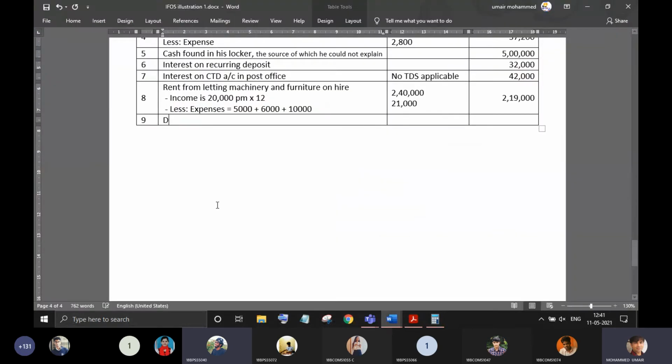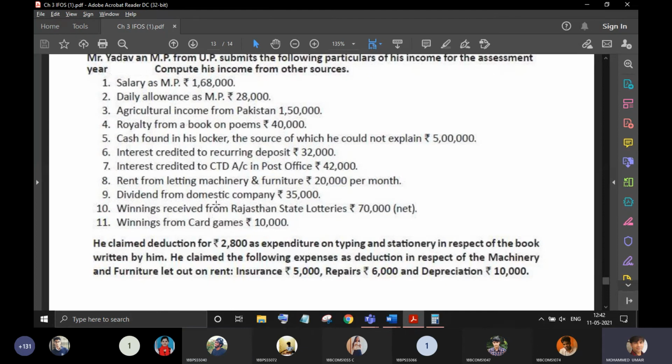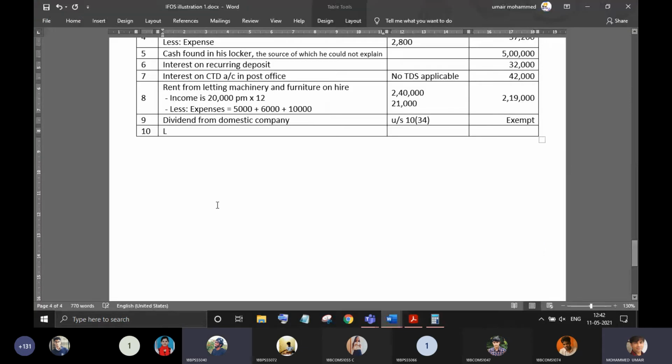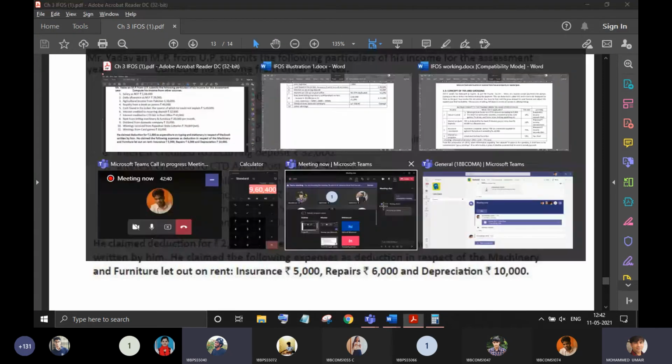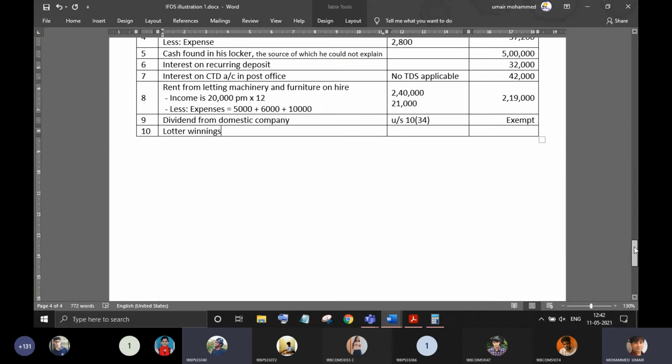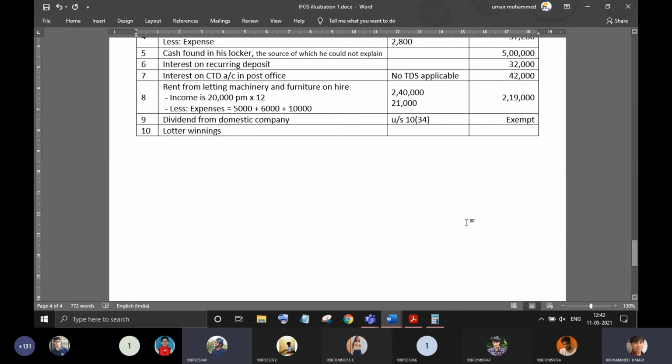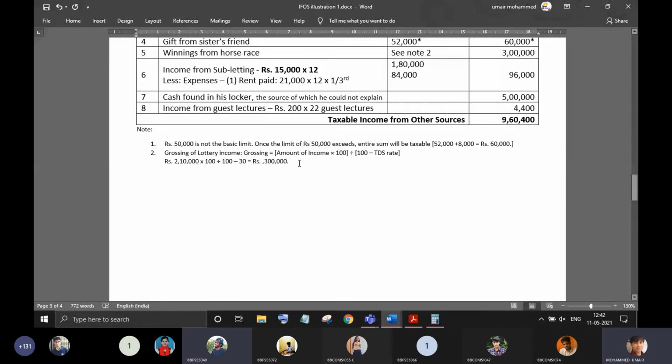Dividend from domestic company, as you are aware. Winnings received from Rajasthan State Lottery winnings, 70,000. Net is mentioned in the bracket, so that means the amount is received after deduction of TDS.